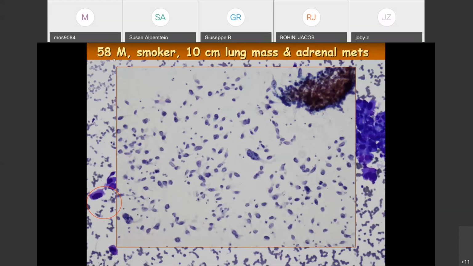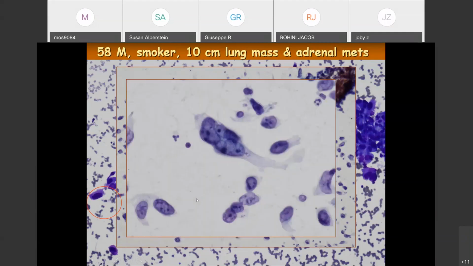This is a NYU case. 58-year-old man, smoker, a huge lung mass, adrenal mass. So the quick shows some big nuclei, and then ultrafast PAP shows a lot of spindle cells. And then cytokeratin positive.